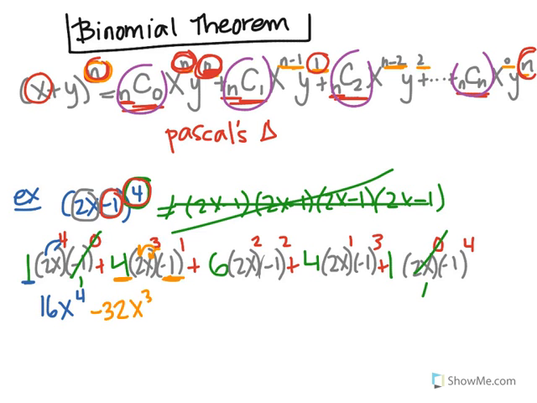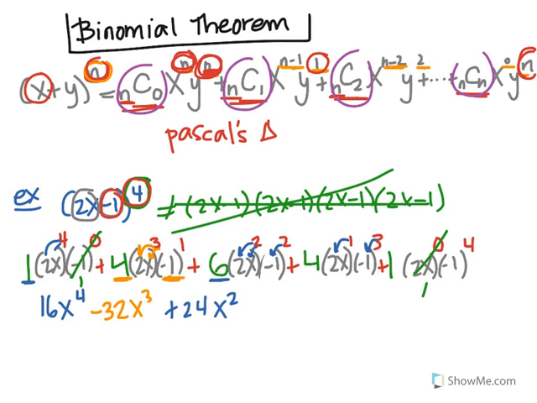Alright, going on to the next one. Do powers first. So 2 squared is 4, and then negative 1 squared is 1, so I get 4 times 1 times this 6. So I end up getting a positive 24, and then now I can do the x's, so I get x squared. Here I end up getting a 2 to the first times a negative 1 cubed.